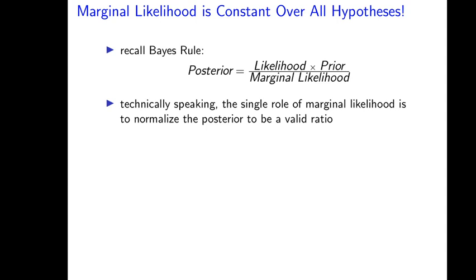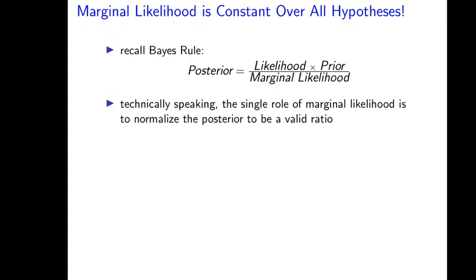Technically speaking, the single role of marginal likelihood is to normalize the posterior probability to be a valid ratio, which means to be between 0 and 1, because otherwise, according to the nature of the likelihood probability, if we do not include the marginal likelihood in this equation, we could have posterior values over 1.